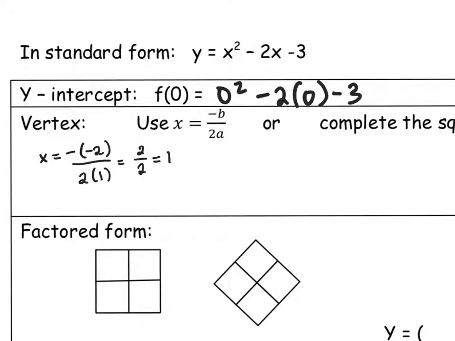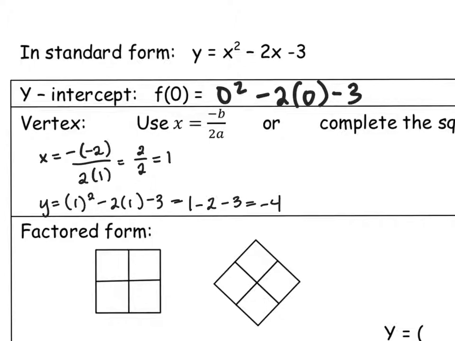Once we have the x value, we have to find y. So we plug in the 1 from our x that we got into all of our x's in our equation. So 1 squared minus 2 times 1 minus 3. And normally I would go down to show this work, but since I'm out of space, I'm going to go 1 minus 2 minus 3, which is -4.